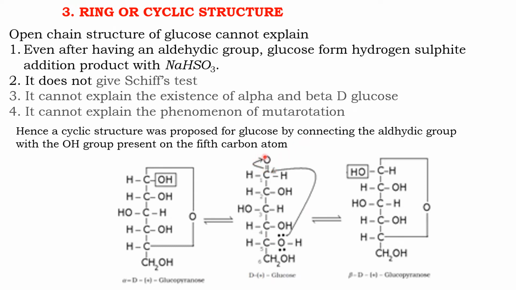As a result, this O will get a minus sign and this H will come and attack here. So we will have a cyclic structure. That is, we are connecting the first carbon atom with the fifth carbon atom to form a cyclic structure as we have seen in mutarotation.